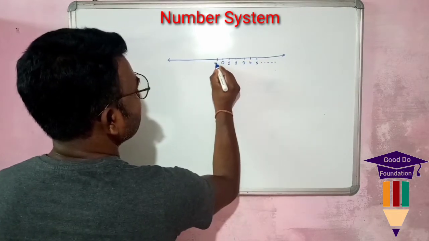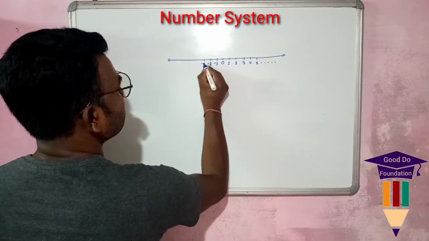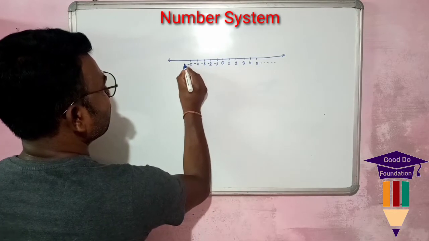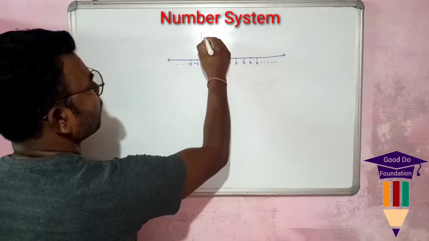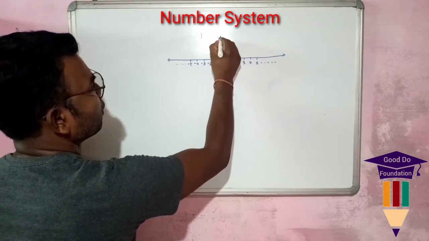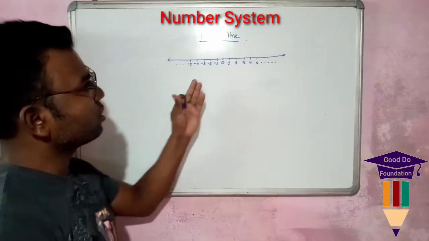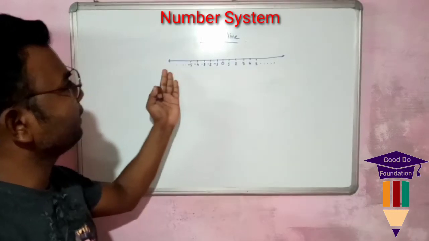And on the left hand side of the 0 will be negative integers and so on. So this is how you represent the numbers on a number line.